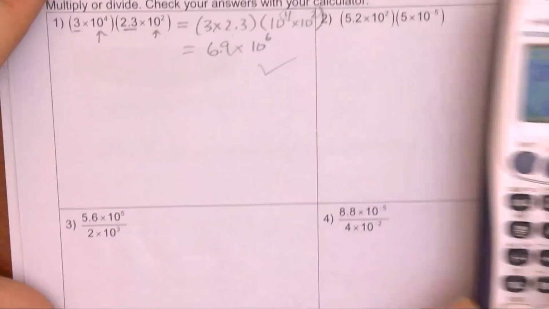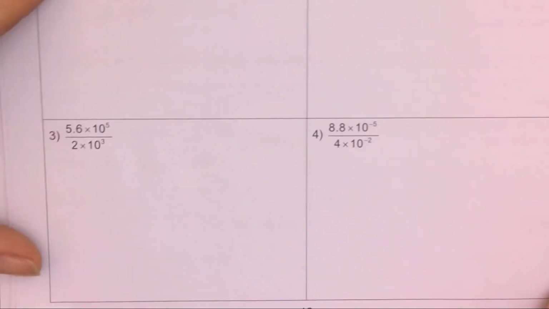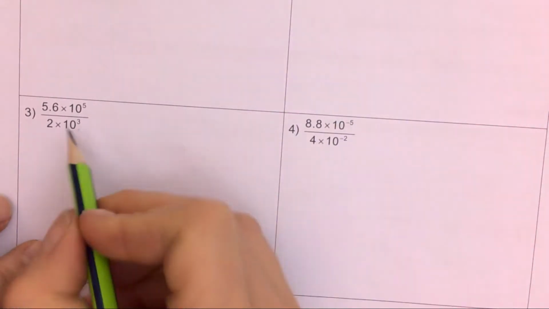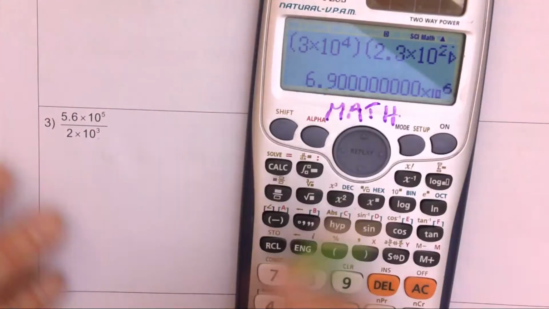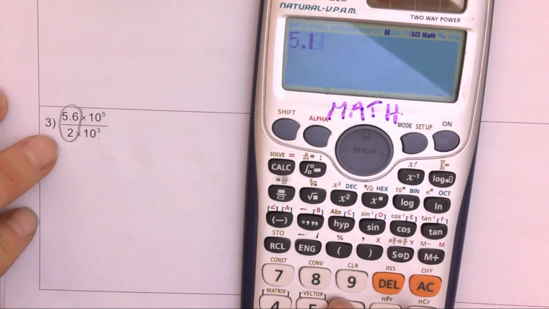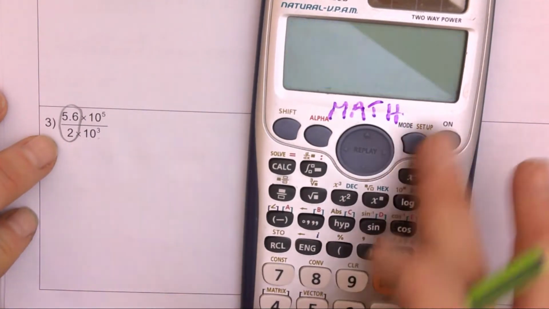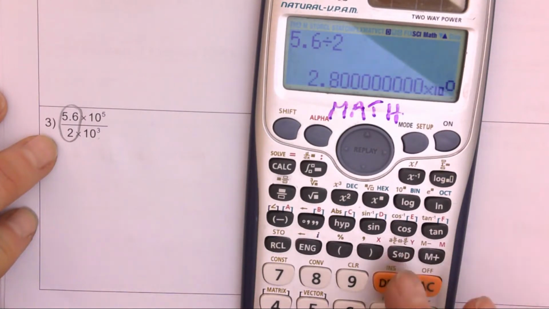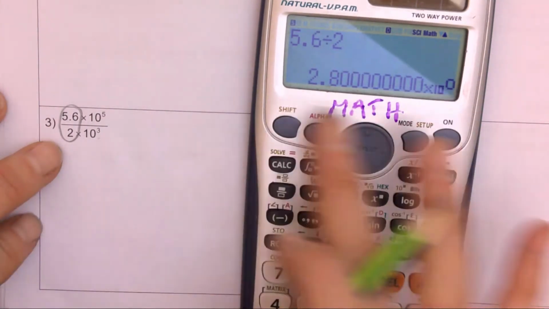Okay. Let's do another times. No, let's do a divide down here. So I divide these numbers. 5.6 divide, or I can use my fraction button. 5.6 divide by 2. I don't want scientific notation for this, so let's put it in normal.